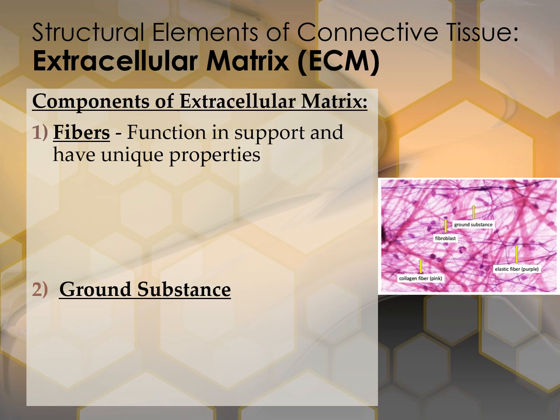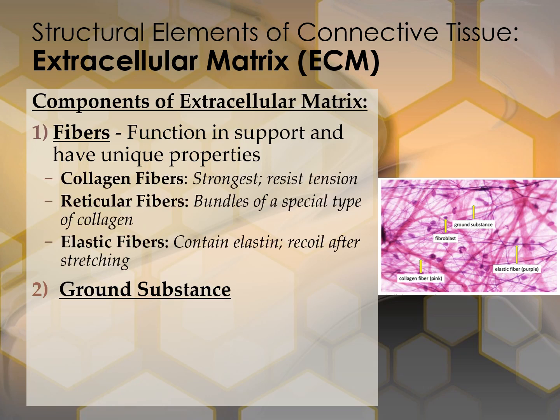So we talked about cells in our connective tissue. Now let's talk about the extracellular matrix, all the other stuff that's being produced by those cells. Okay, so we have fibers, and these guys are really going to function in support. Remember, we said connective tissue is really all about support, and it has some very unique properties. So probably the most common type of fiber is collagen fiber. And this is really the strongest type of fiber there is. It's very resistant to tension.